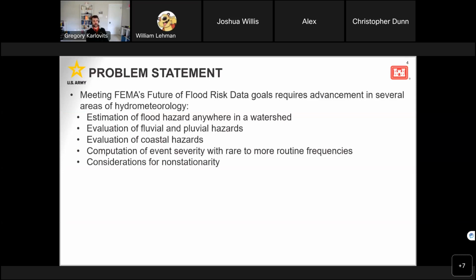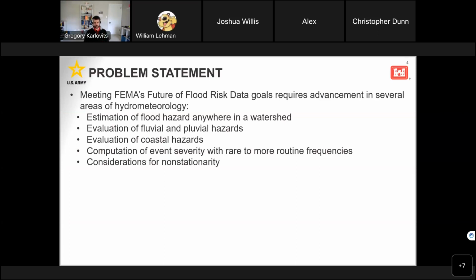There's a few things that we just can't take off the shelf and implement and call it good right now. FFRD requires us to be able to estimate flood hazard at any point within a watershed. Traditionally, we look mostly at hazards that are close to a river. We're not really looking too much, and this kind of leads into the second point, of fluvial and pluvial hazards.